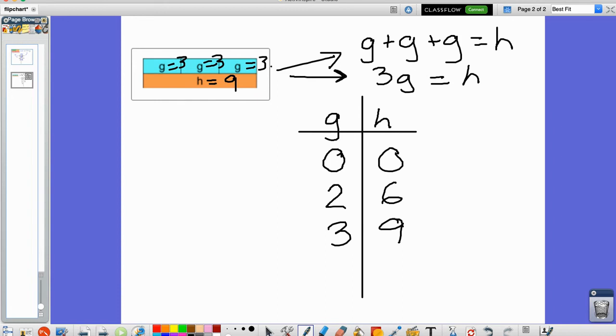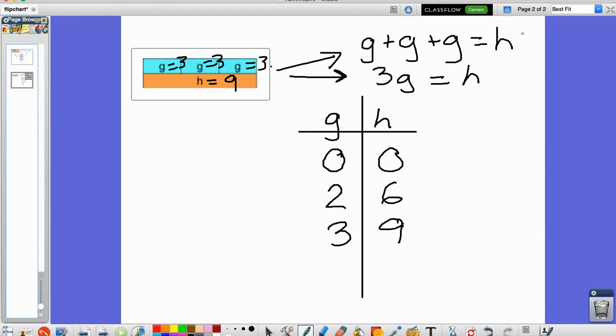Okay? So overall, my recommendations are change the variables to numbers. Change these letters to numbers. Okay? Because a lot of us like working with numbers anyway. And then make your own table. Make your own table and try any numbers you want for g, or try any numbers for h.